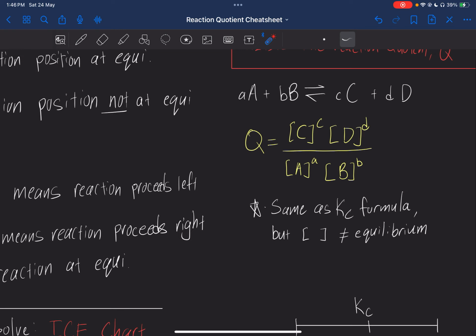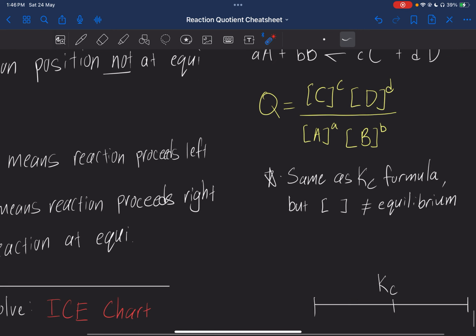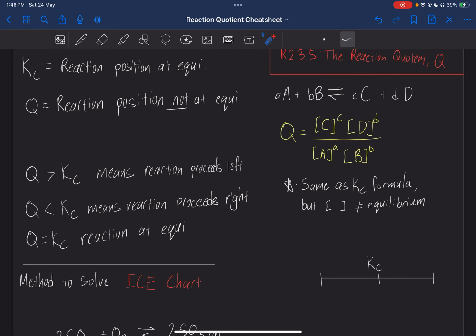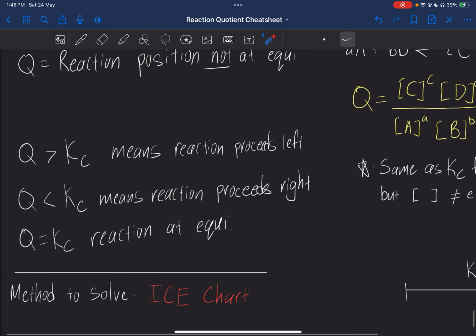So as we can see, it's always the concentration of products over the concentration of reactants, with C over here and D over here, and the coefficients are always powered and always multiplied, not added. That's really important to memorize because it's the same for Qc, but Qc is for equilibrium concentrations.